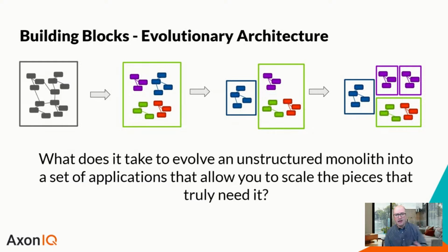Like I said, we wanted to review the building blocks. So the concept of an evolutionary architecture: how are you going to go from possibly an unstructured monolith or even a structured monolith to scaling that out as the demands of your system are growing over time?